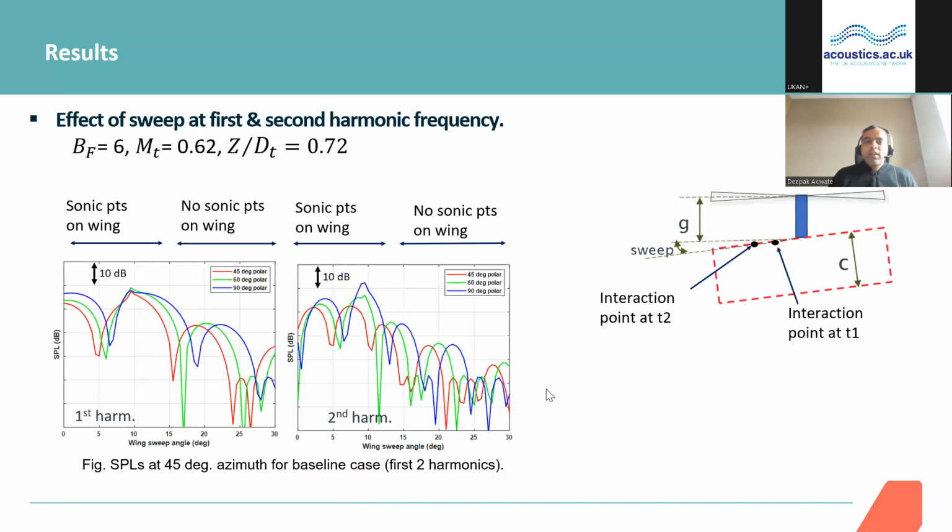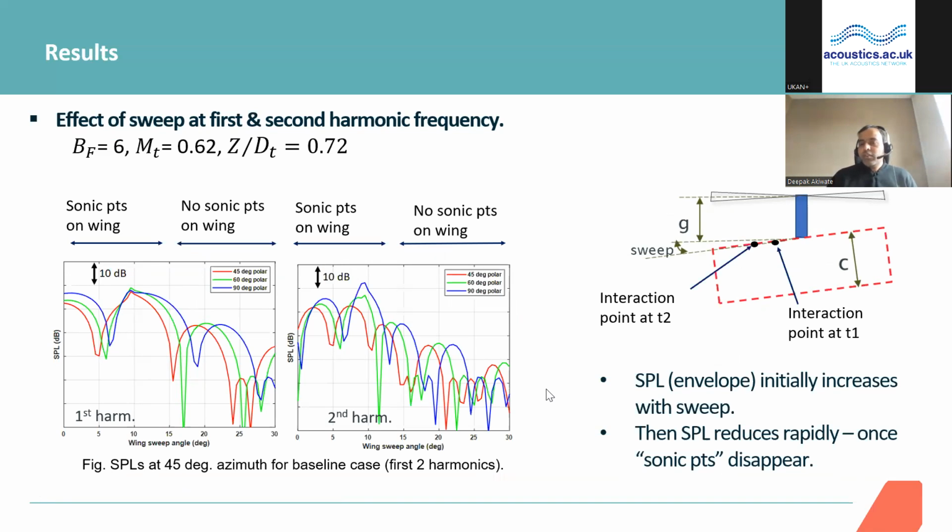But when you look at the wing sweep, for zero lean and zero offset, we can see that when you increase the sweep angle, the interaction sound pressure level slowly increases, which can be related to having a sonic point along the wing leading edge. When there is no sonic point along the wing leading edge, there is a drop in the interaction noise source.